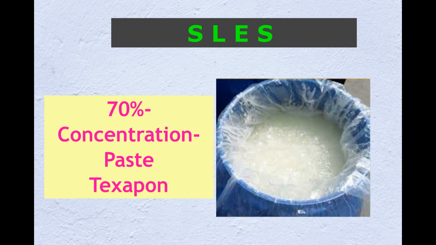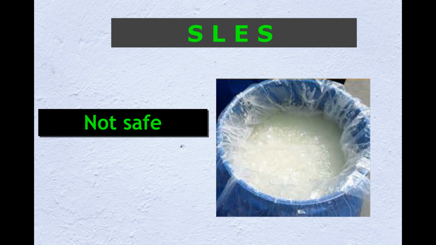The 70% concentration is like paste. It is also called Texapon paste. Texapon is a brand name; they make the 70% SLES paste. In case of 70% SLES, I mean SLES paste, it is economical, with more cleaning performance and more thickness, but not safe.